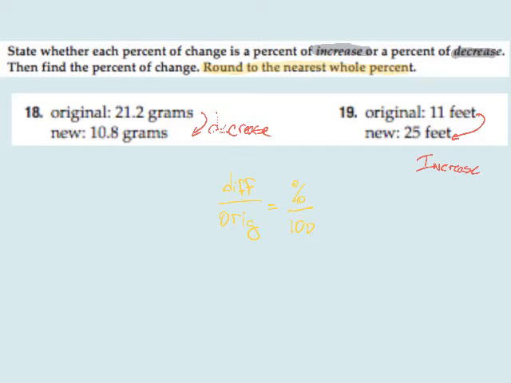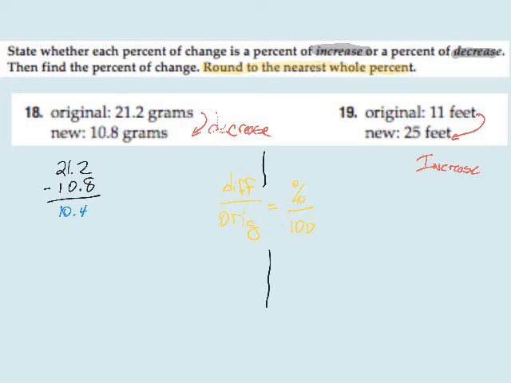Okay, and now we'll fit those into our proportion here. On the left, I'll take the original and the new. We've got to find out what the difference is, so we'll do 21.2 minus 10.8, and that gives me a difference of 10.4.